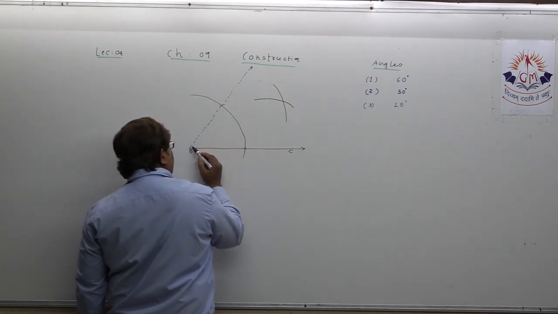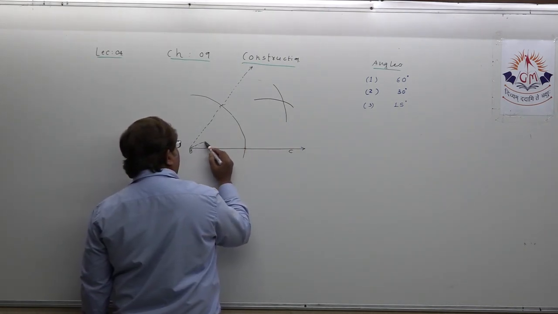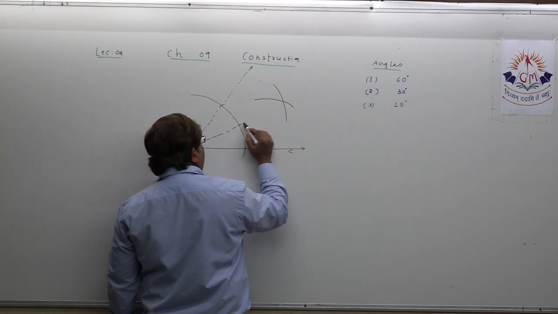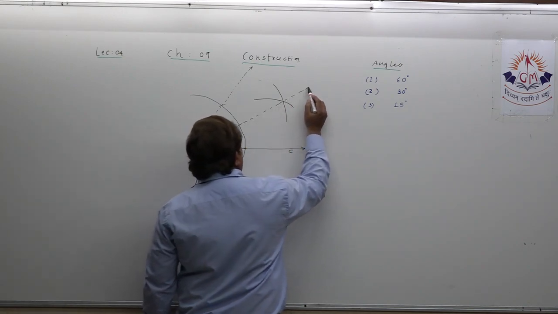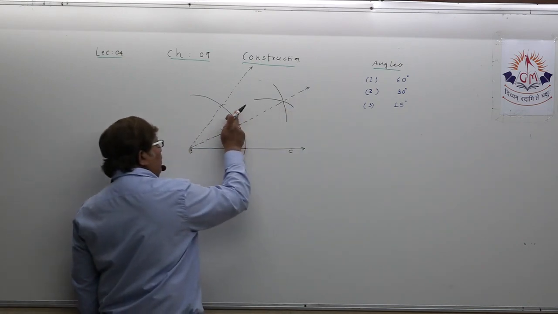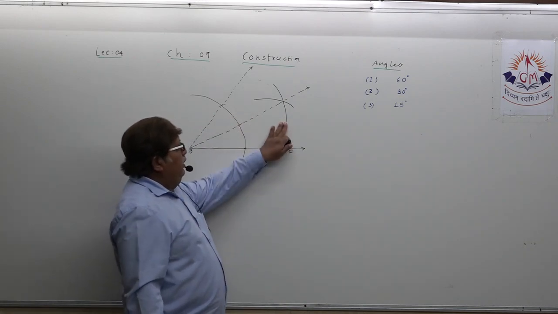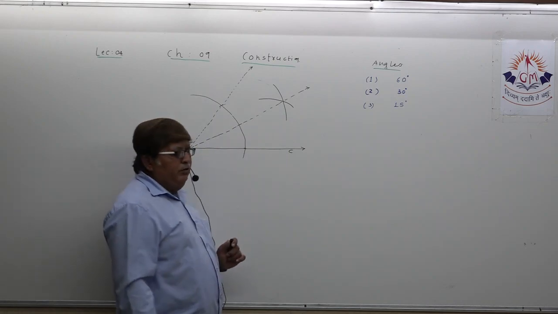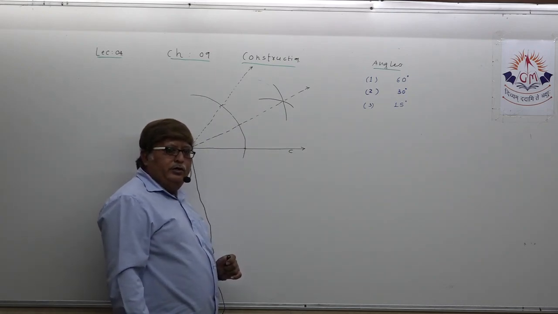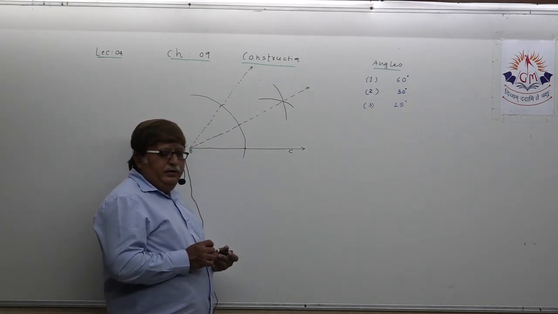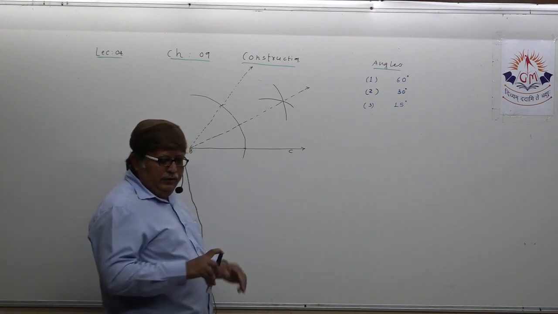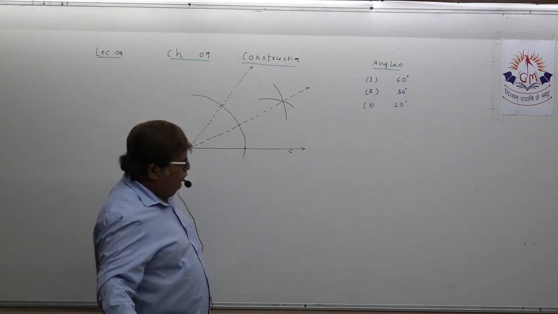Both are intersecting at this point. There needs to be a dotted line, okay? Because this is an angle of 30 degrees, this is an angle of 30 degrees. Our target is not the angle of 30 degrees. Our target is to construct an angle of 15 degrees.